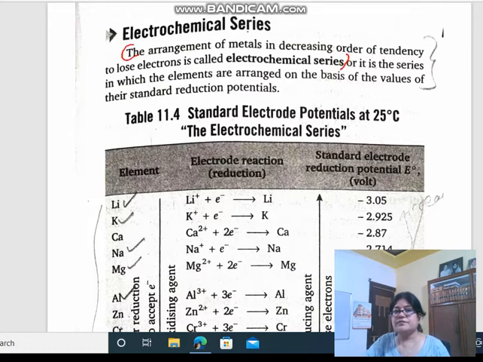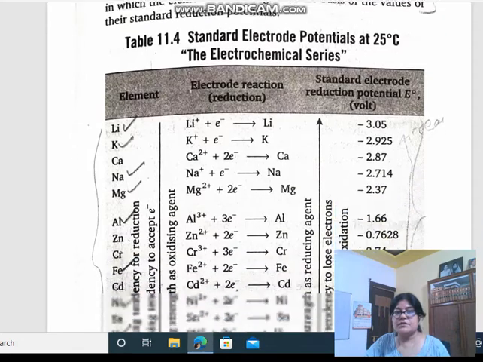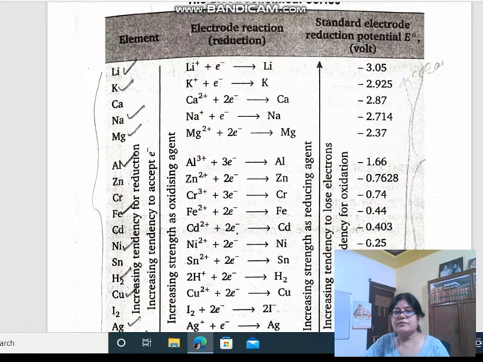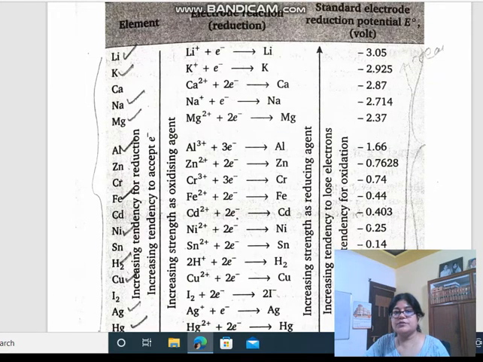The arrangement of metals in decreasing order of tendency. Now, this is the series you can see over here: lithium, potassium, calcium, sodium, magnesium, in this way.